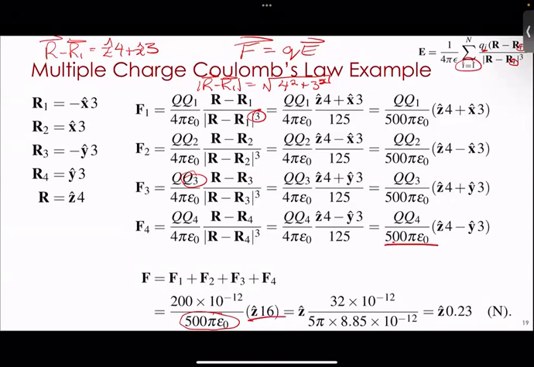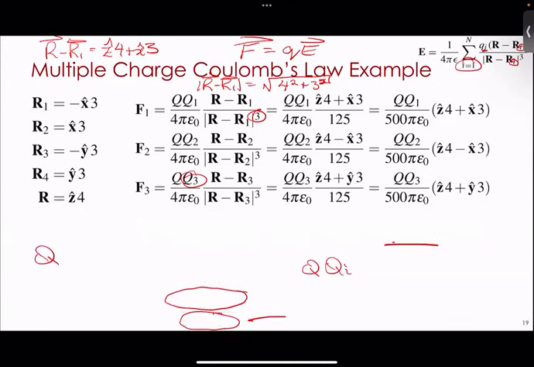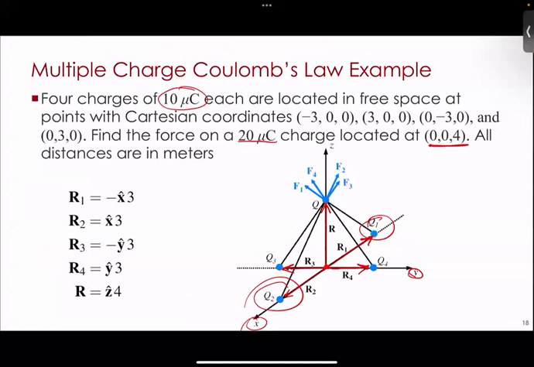And if you're wondering where that number came from, that is q times qi, okay? Where q is our test charge or our location where we want to figure out what this is. That's the 20 microcoulombs.